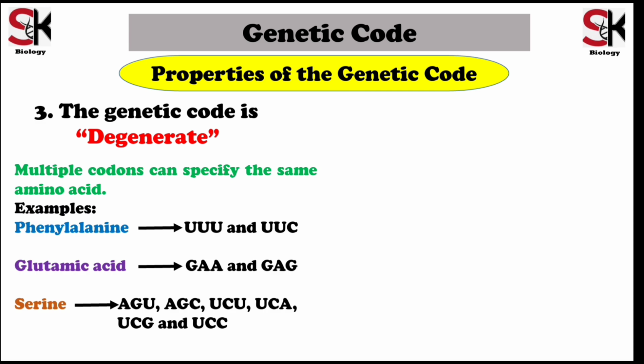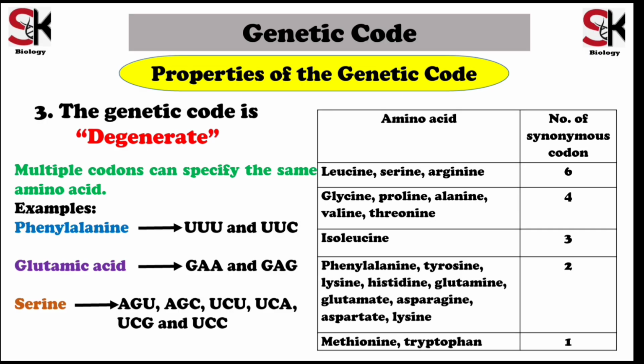Glutamic acid can be coded by two different codons, and serine has 6 different codons. Such multiple codons of one amino acid are known as synonymous codons. In this table, you can see amino acids and their respective number of synonymous codons. All this data suggests that the code is degenerate.